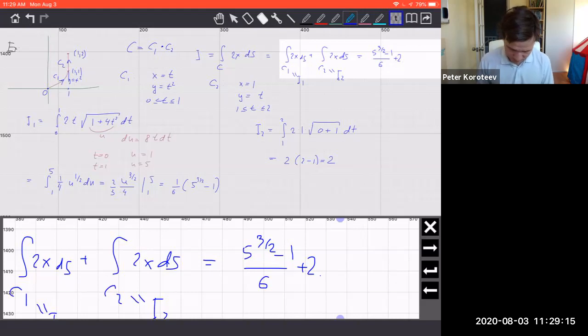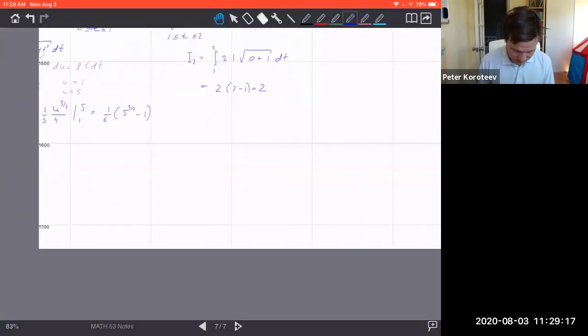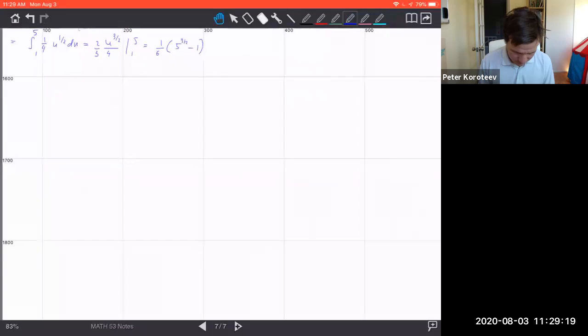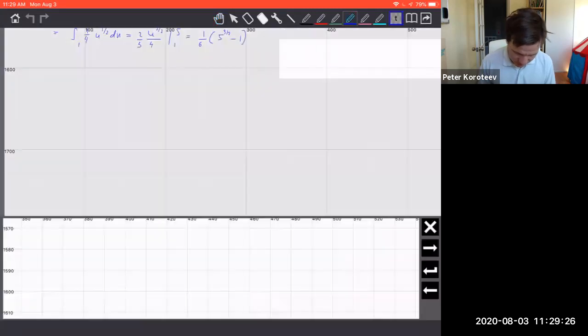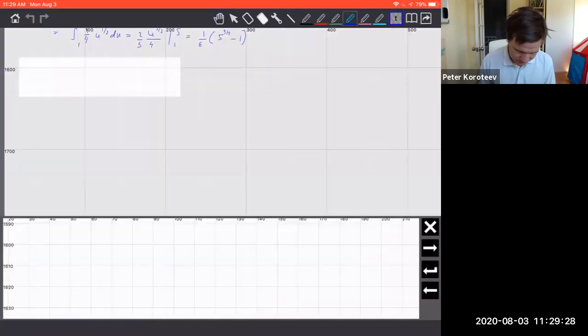Now, in some applications, it may be convenient to integrate over only x or only y.